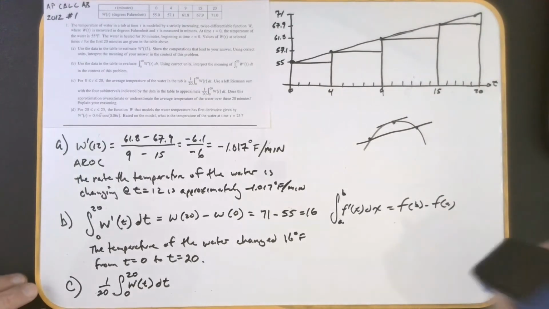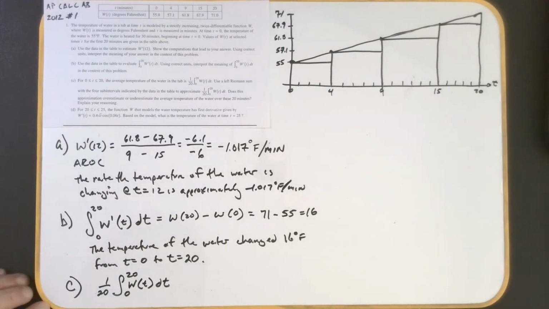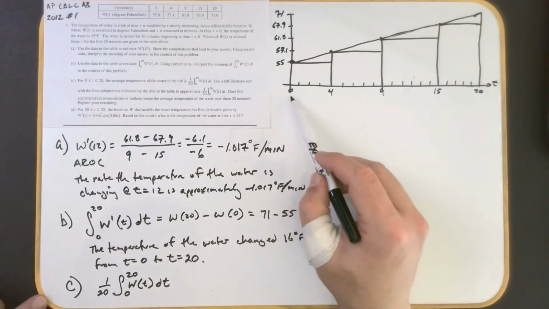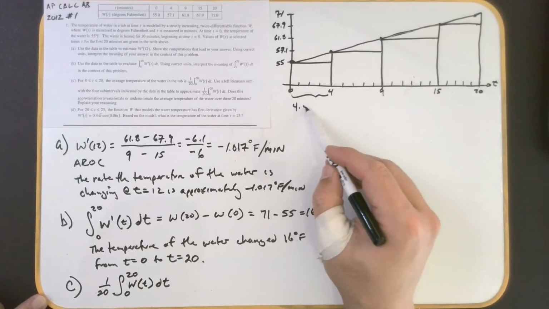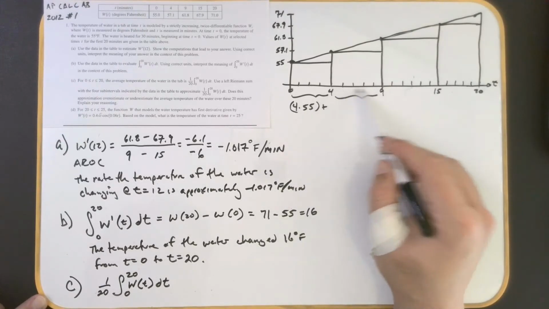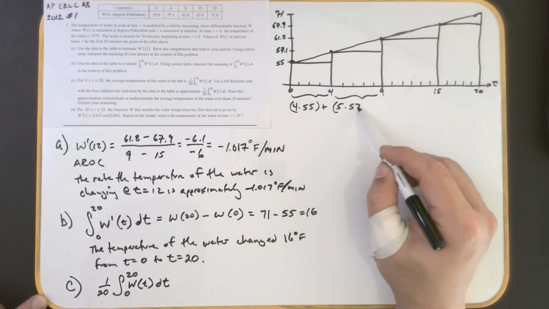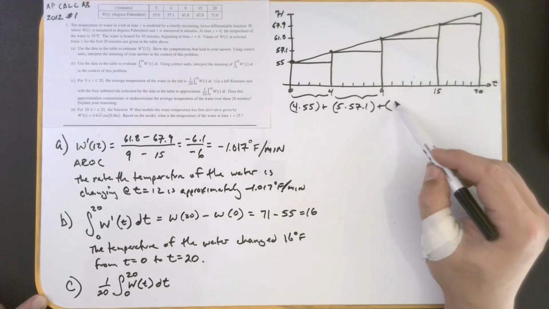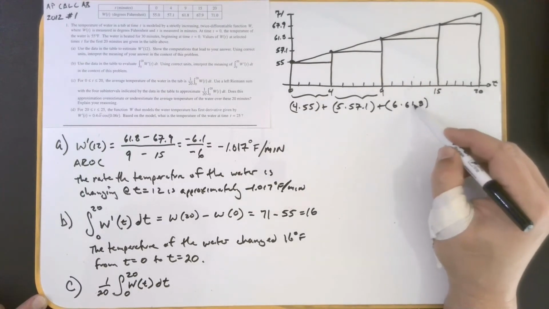So I'm going to do a little work here, and I'll put the values up here, and then I'll transfer them down below. From this one right here, I'm going to have 4 times the height of 55, plus my next one here, 5 times the height I'm going to use, 57.1, plus this distance here is 6, and the height value I'm going to use is 61.8.